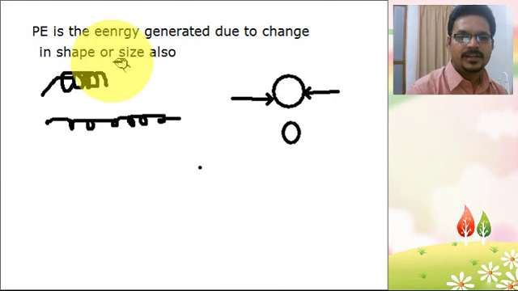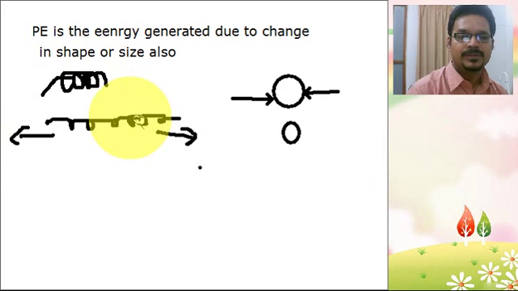As I mentioned earlier, potential energy is the energy generated due to change in shape or size also. See the example, this small spring. When the spring is stretched with a force outwards, and you release the force, the spring comes back to the same state, because internally some forces are developed, and those forces develop the potential energy inside.